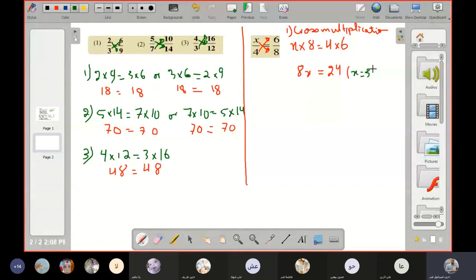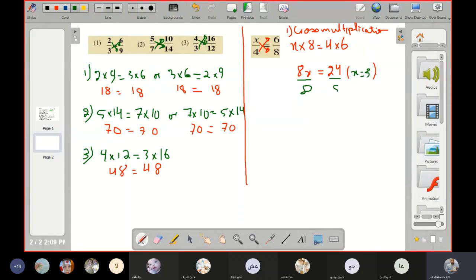But how do we calculate it? If we have 8x is equal to 24, we want to find x alone. We want to find x only. So what do we do? We divide both sides of the equation by 8.